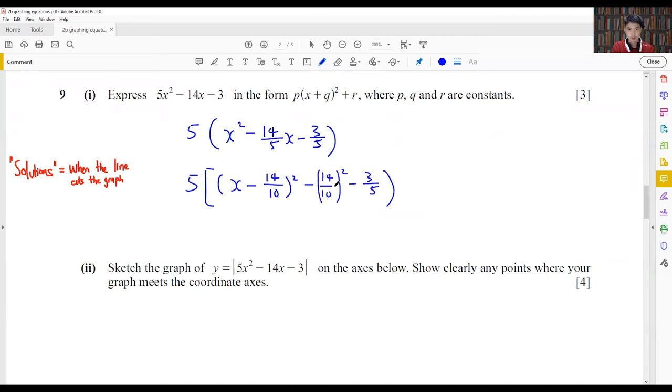Then from here, simplify the bracket, you would have ended up with x minus 14 over 10 squared, minus 14 over 10 squared, negative, so that's times 5.